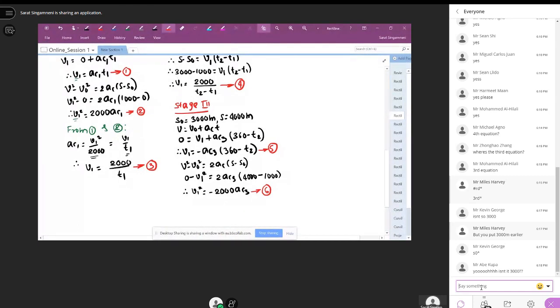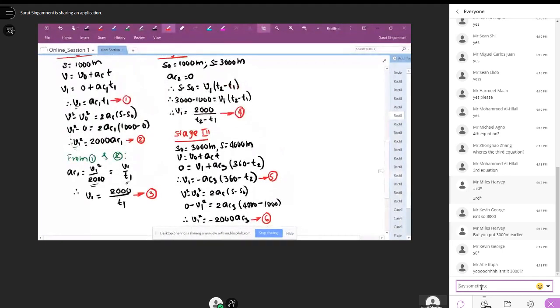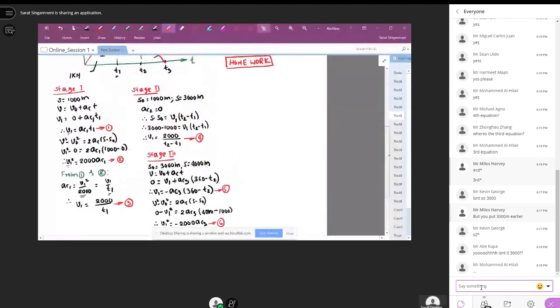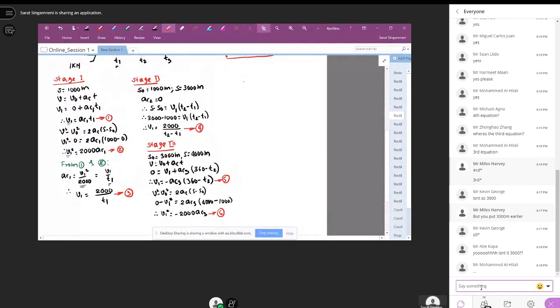So a maze of equations is generated. Now we need to just shuffle them around and solve the final problem. I'm doing that here.